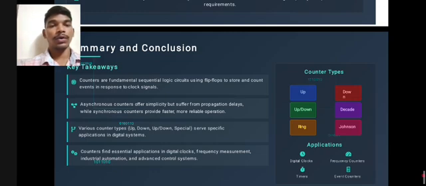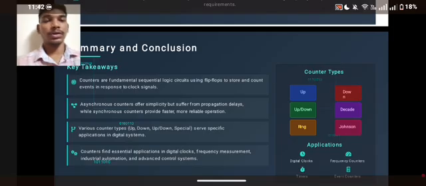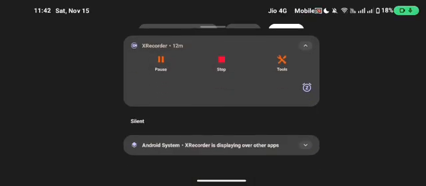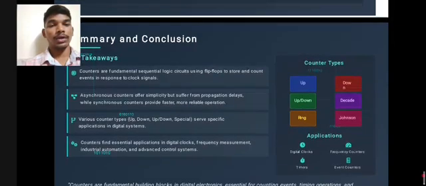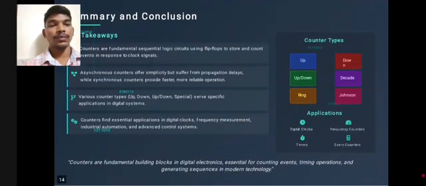Various counter types, up, down, and special, serve specific applications in digital systems. Counters find essential applications in digital clocks, frequency measurement, industrial automation, and advanced control systems.